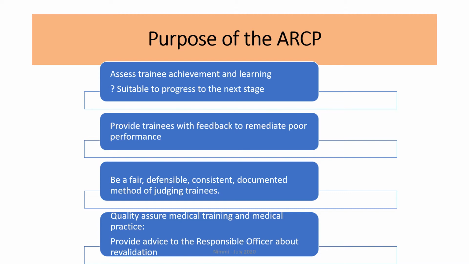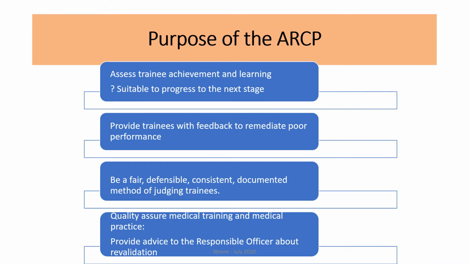The purpose of the ARCP is to assess trainee achievement and learning with a view to assessing their suitability to progress to the next stage of training. If progress has been poor, trainees will be provided with feedback and a remediation plan will be facilitated.